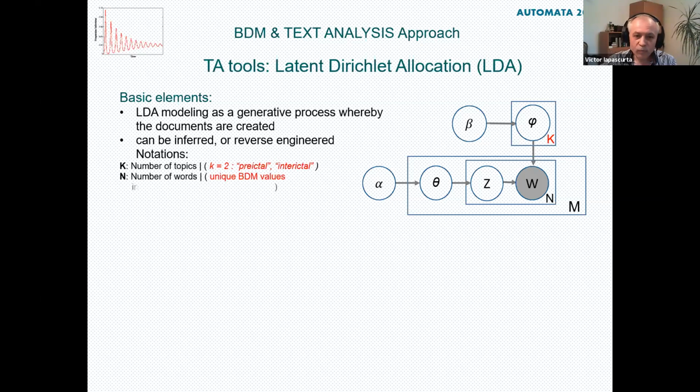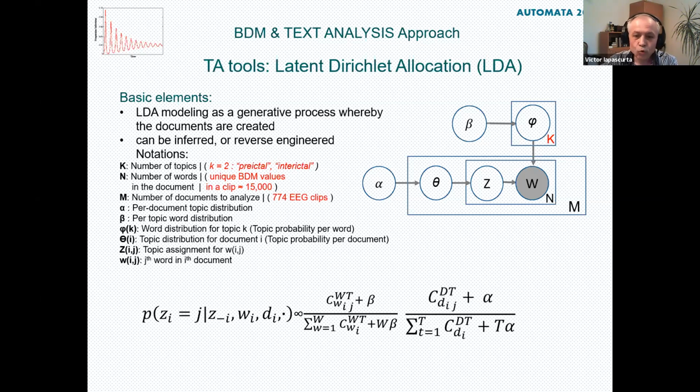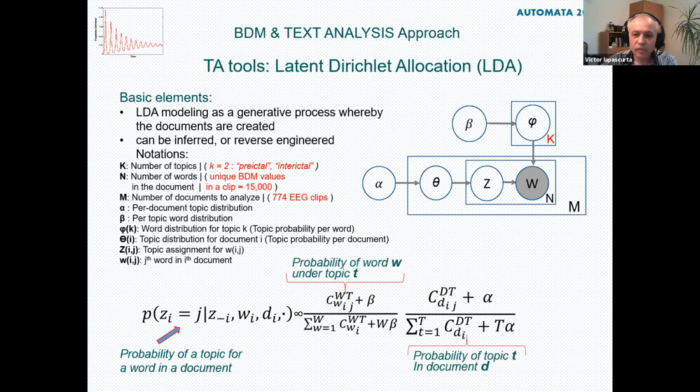Looking at some notations here, number of topics K, we have 2 topics, number of words, unique BDM values, and number of documents, in our case separate clips, a collection of 774 such clips, and a number of other parameters of importance is B. And for applying this, we can use so-called collapsed Gibbs sampling, and we have the notation for this that can help us to calculate and extract different probabilities concerning words, topics, collection, etc.